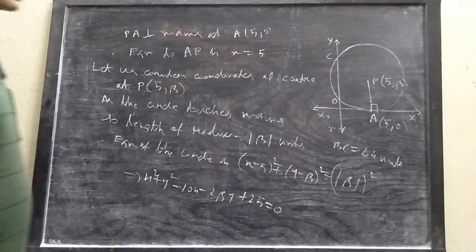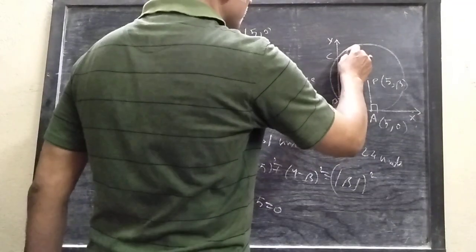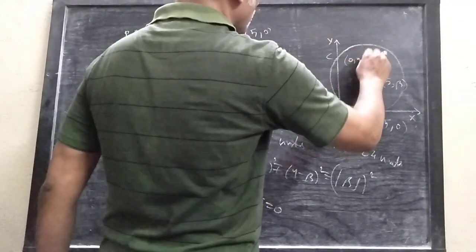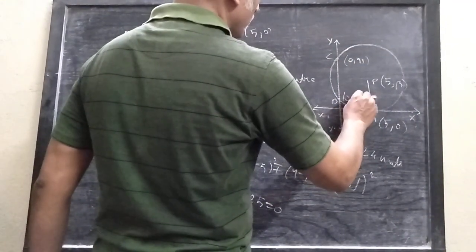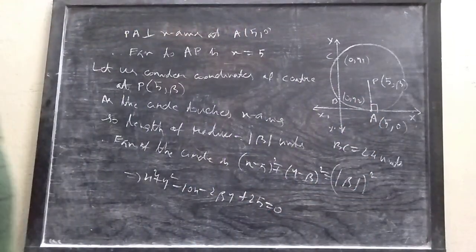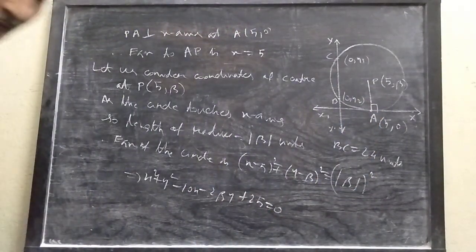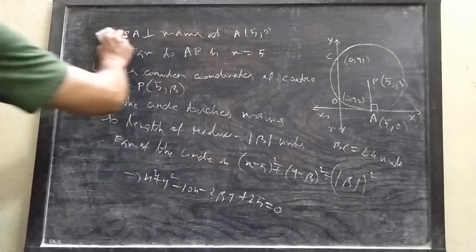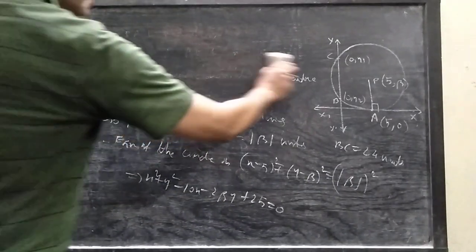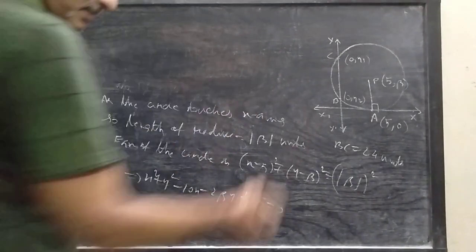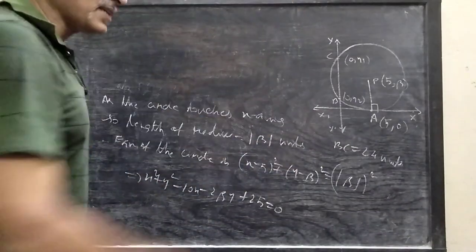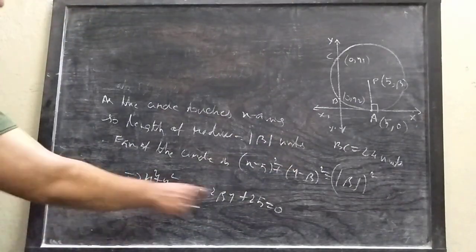Okay. Now let the coordinates of C be (0, y1) and that of B be (0, y2). Now we find the points of intersection of this circle with the y-axis. We know x is 0 on the y-axis, so we put x equals 0 here.